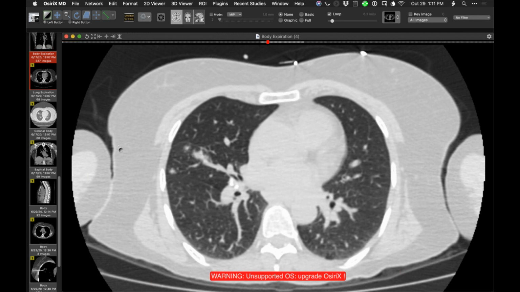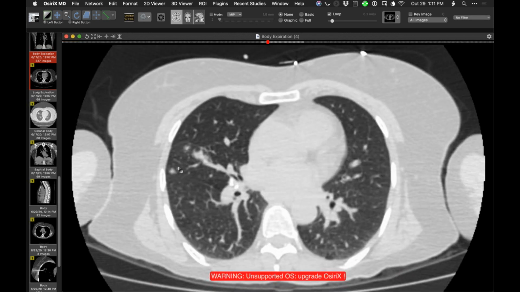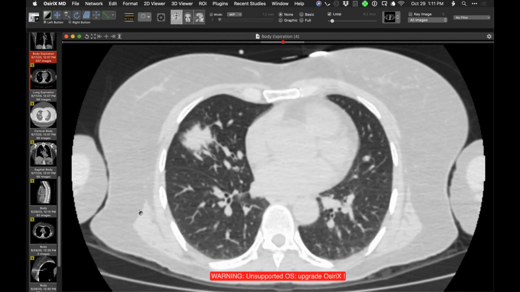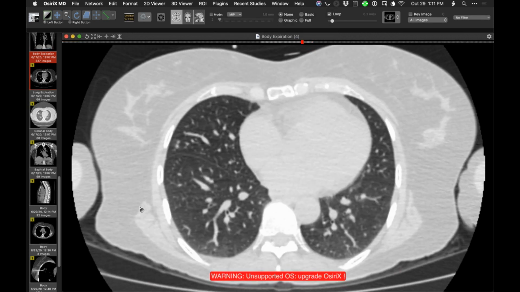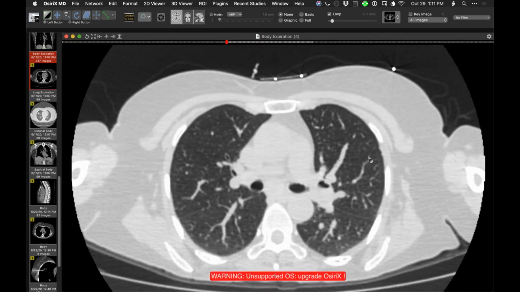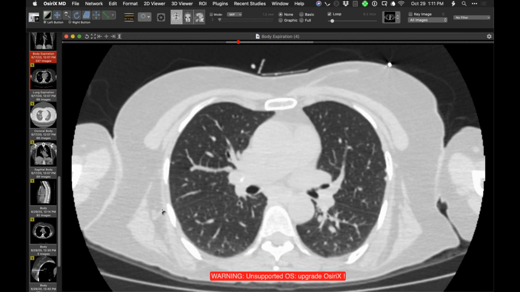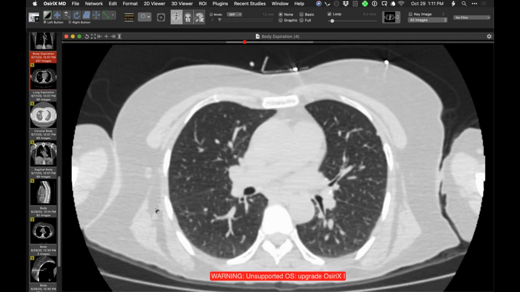Notice that in fairly close proximity to the opacity in the right middle lobe are some additional smaller nodular opacities. And then I will show you that there are a small number of sub-centimeter nodules in the lungs, some of which, like up here, touch the pleural surface very closely.